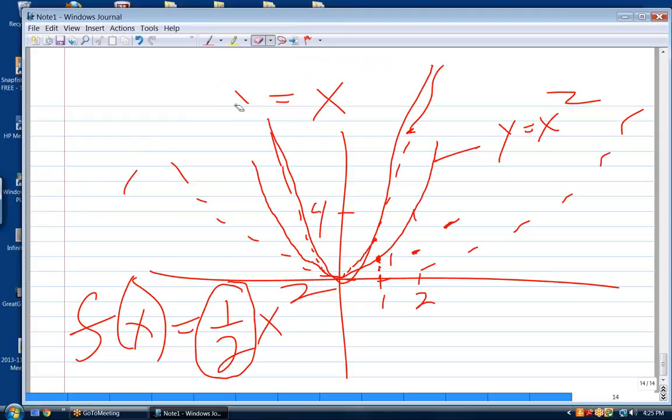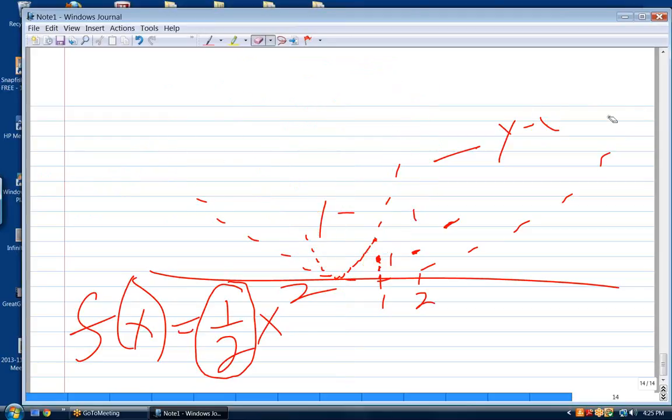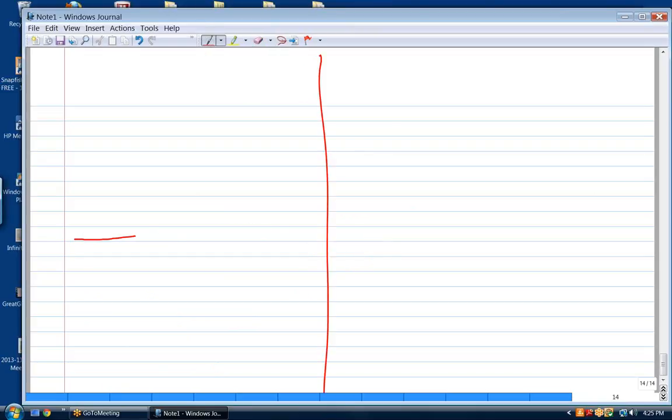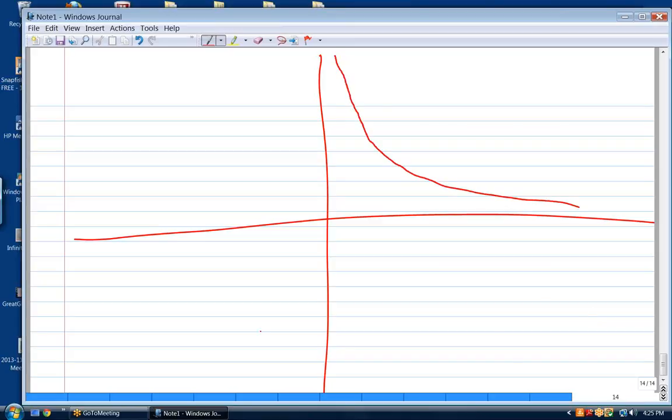Now let's talk about it with the function you mentioned, 1 over x. This is a hyperbolic function, asymptotic with the x and y axis.